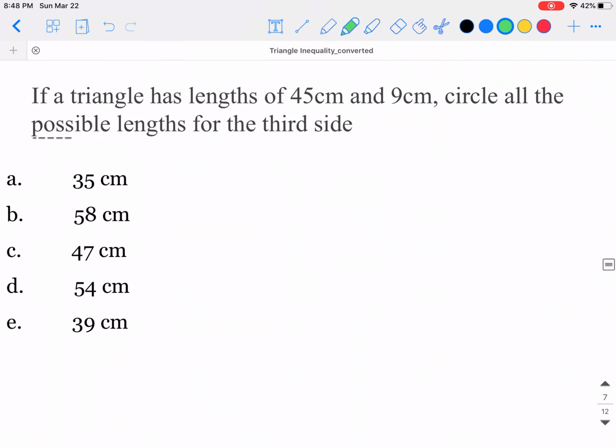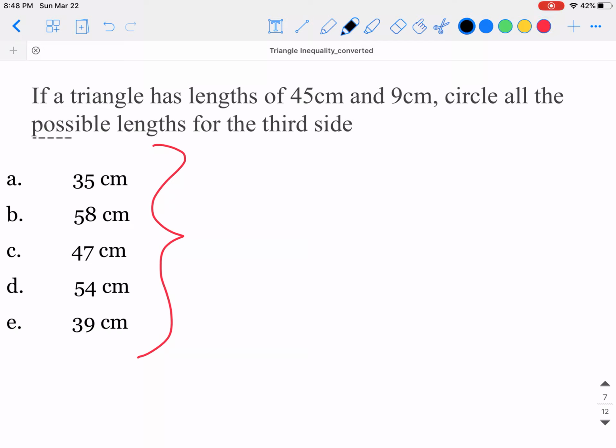Another example similar to this, if you want to pause the video and give this a try on your own. If not, we'll keep going. So if a triangle has lengths of 45 centimeters and 9 centimeters, circle all the possible lengths for the third side. So again, we're trying to figure out that range of values for our third side, and then we're going to pick lengths from this list that work.